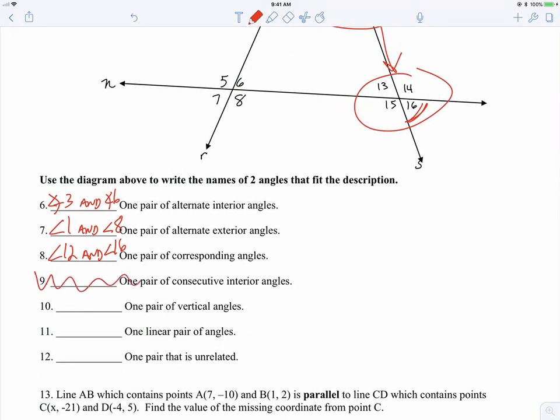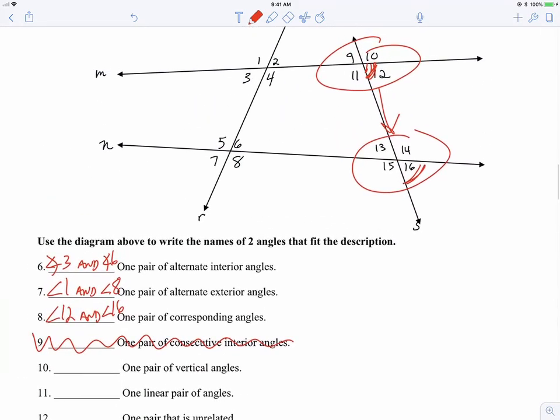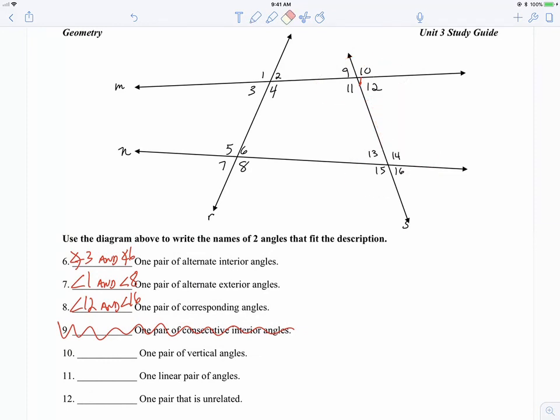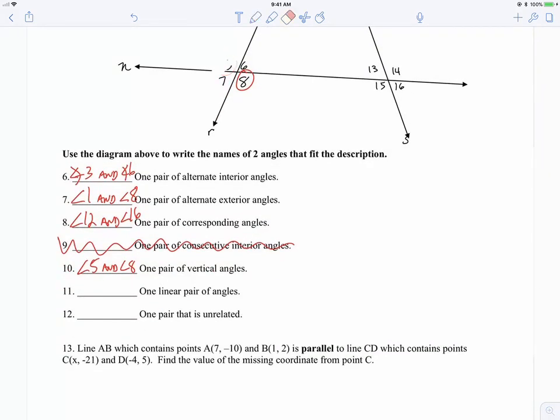Consecutive interior, we said forget that. One pair of vertical angles, that's at the same intersection. So like 5 and 8 are vertical. One pair of linear pairs, so that means at the same intersection. Say 6 and 8 are a linear pair.